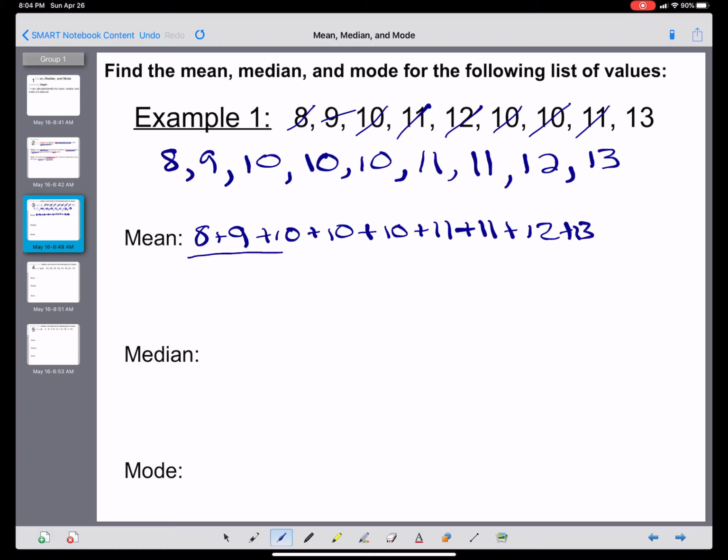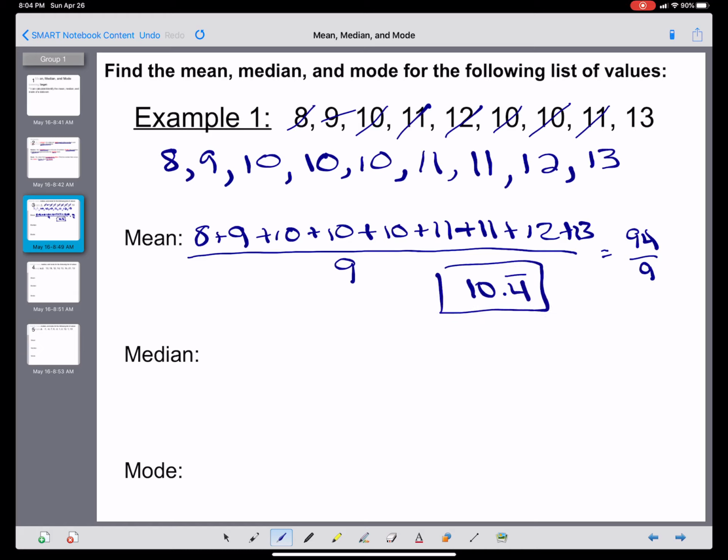I'm going to divide that by, well, how many numbers are there? There's 1, 2, 3, 4, 5, 6, 7, 8, 9. Divide that by 9. Well, if I put this in the calculator, I end up with 94 divided by 9. And then once I hit enter, my answer is 10.4 repeating. So this piece right here is my mean.